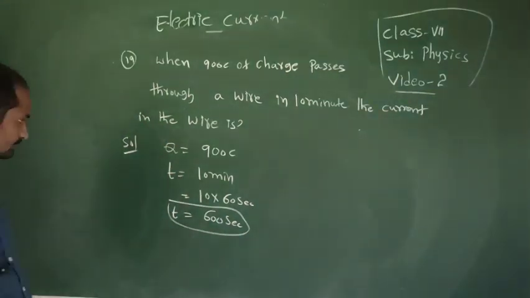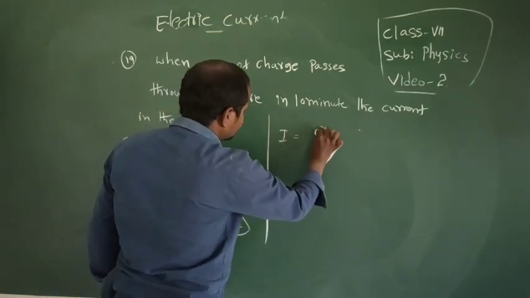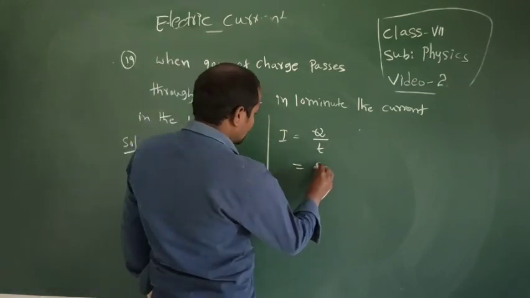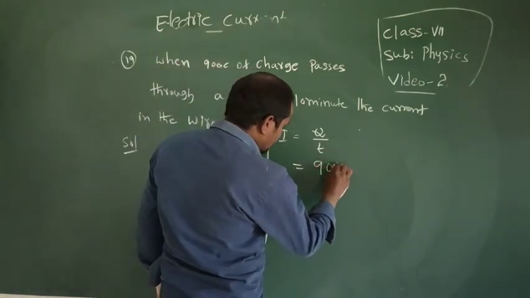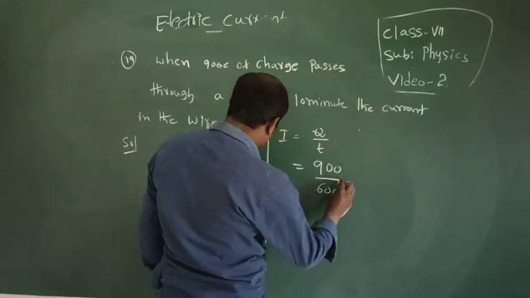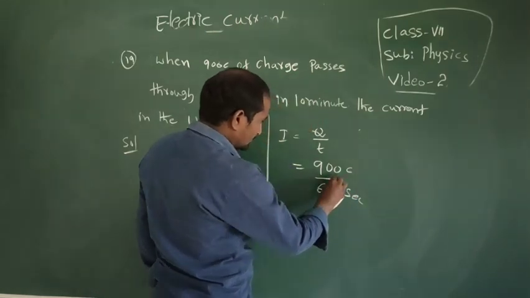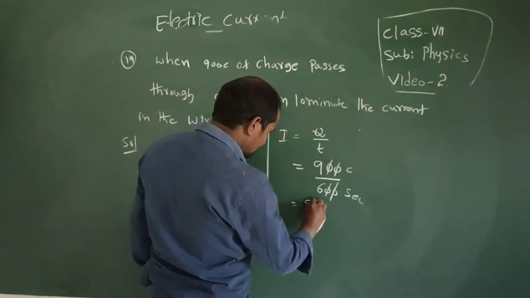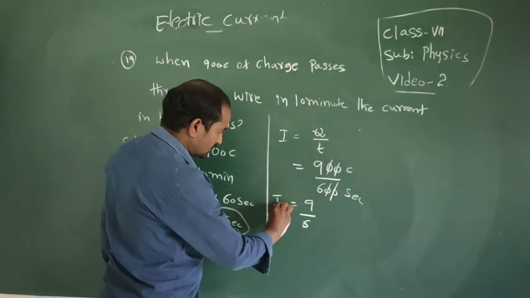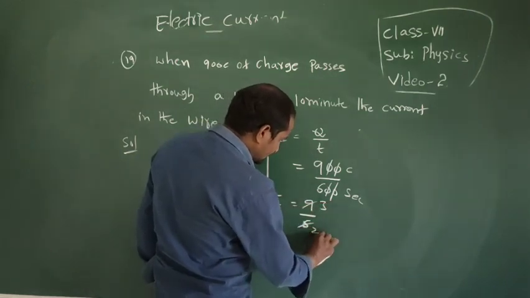T equal to 600 seconds. So here I equal to Q by T, that equals 900 by 600 coulomb per second. The zeros get cancelled. 9 by 6, 3 threes are 9, 3 twos are 6.